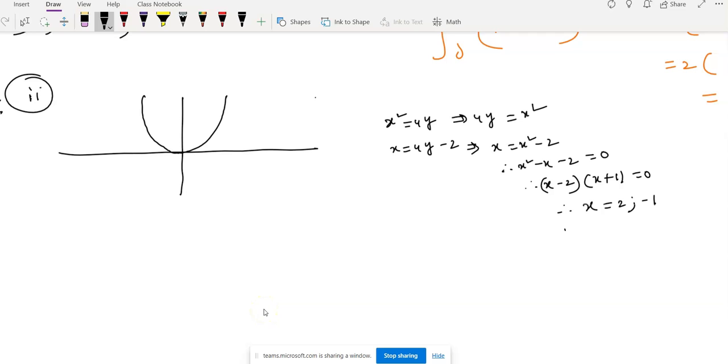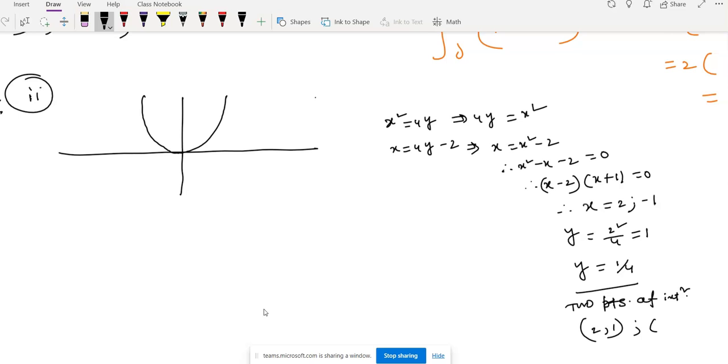Now the corresponding values of y: it will be 2 square by 4, that is 1, and minus 1 square by 4, that is 1 by 4. So the two points of intersection are (2, 1) and (minus 1, 1 by 4).